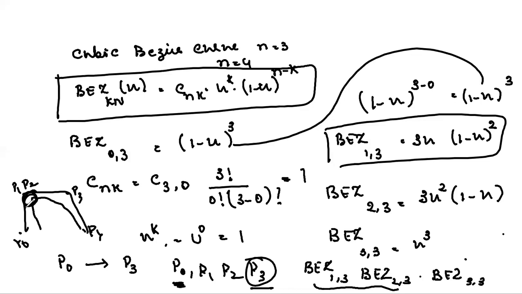And now let us go to the blending function, which is written as Bez of 1, 3. It is maximum at u equal to 1 by 3.